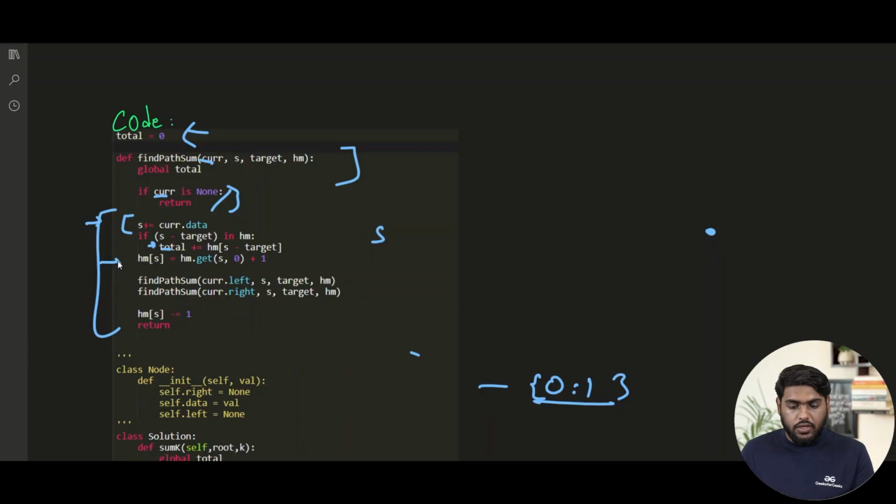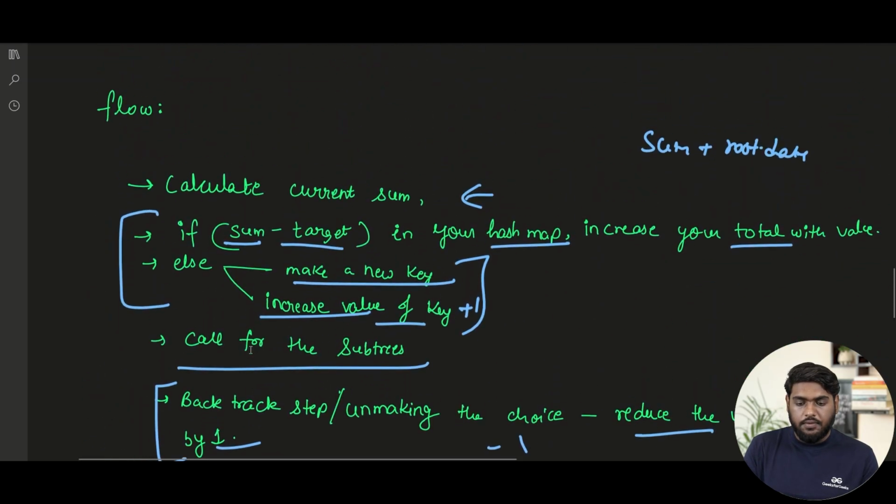If that is not the case, what do we have to do? We have to either, okay, let me tell you the functionality of get. What happens with get is, if I'm giving s comma 0, if s is already present, it will give the corresponding value, or if s as a key is not present in your hash map, it will give 0. So it is covering up the else condition that we have discussed here.